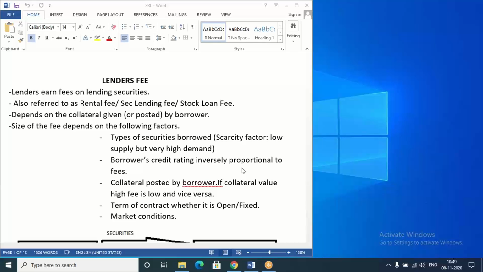Since you guys are at home and you have access to Google, how much is one Berkshire Hathaway share worth? How much is it? 125,000 US dollars.